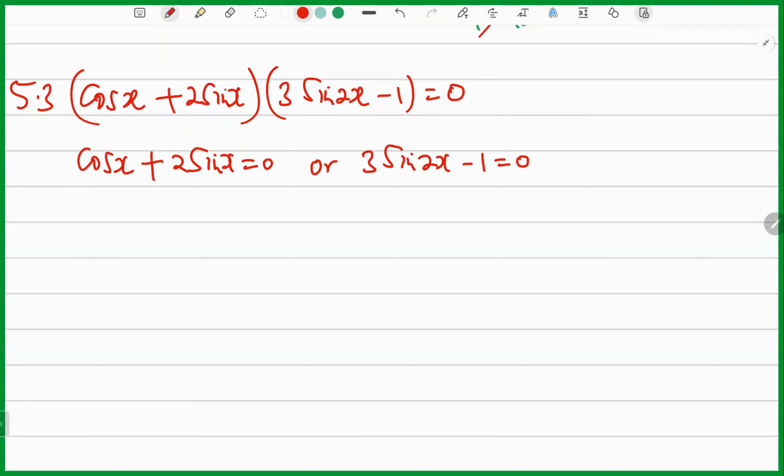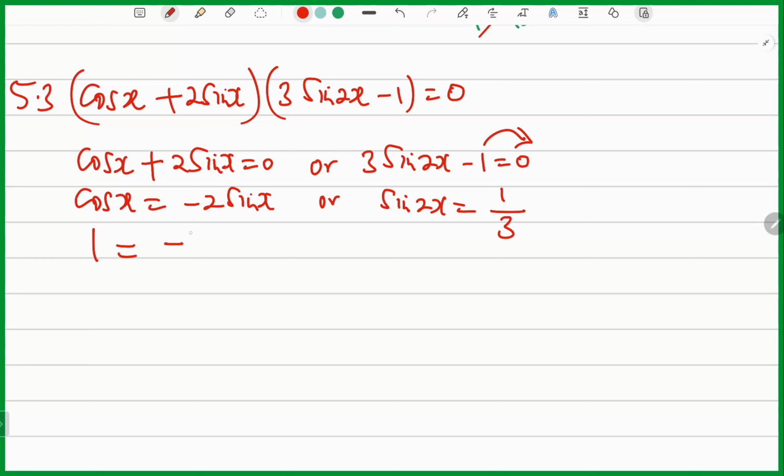And now, this is exactly cos x = -2 sin x. The other one tells us that sin 2x is, we transpose the 1, making it positive, and then we divide by 3, making it 1/3. At this point we divide the first one by cos x, so you can do two things at the same time.